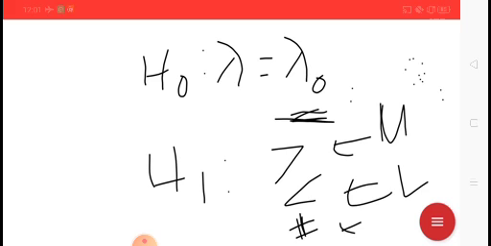So for this Poisson, the full procedure is similar to last week's binomial distributions.